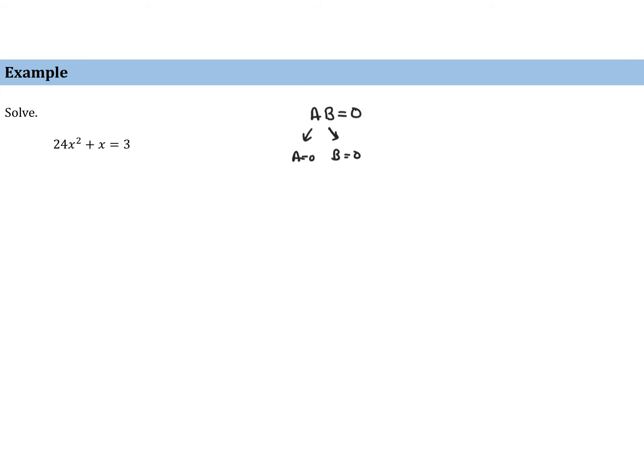So let's go ahead and subtract the 3 from both sides, so we can obtain 0 on one side and then begin to apply the zero product principle. So let's factor the left-hand side. There is no greatest common factor. Don't forget this is equal to 0. A lot of students will forget to rewrite that equals 0.